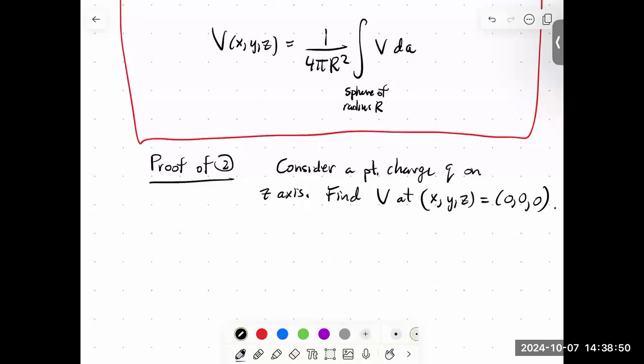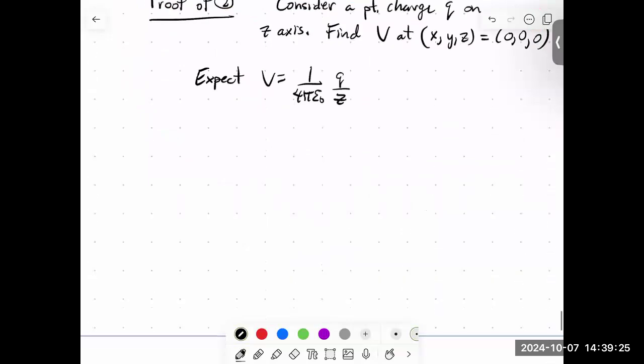Well, if the point charge is at position z, I know what the potential of the point charge is. What I expect to find is that V is 1 over 4 pi epsilon naught Q divided by the distance from the point charge to our origin. And so if it's just sitting on the z-axis, this is what we expect to get. So we're going to try to do the averaging routine for our circle and see if we get that answer.